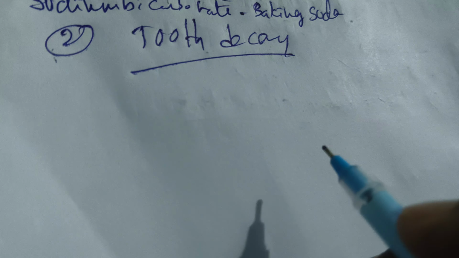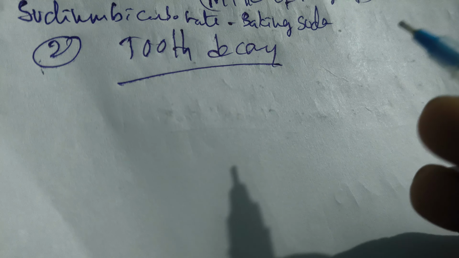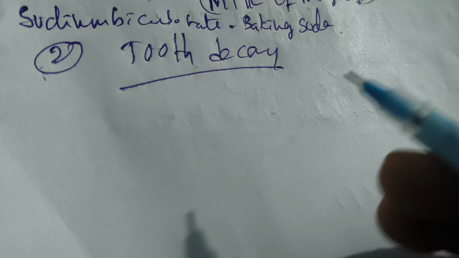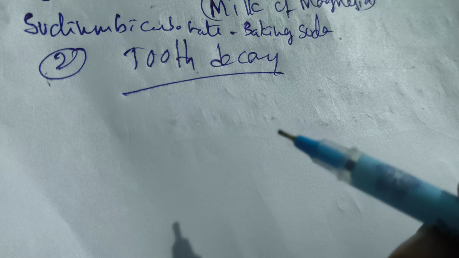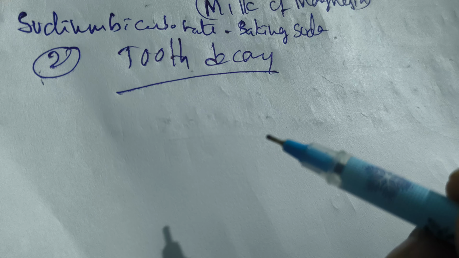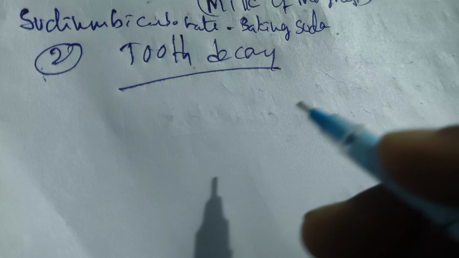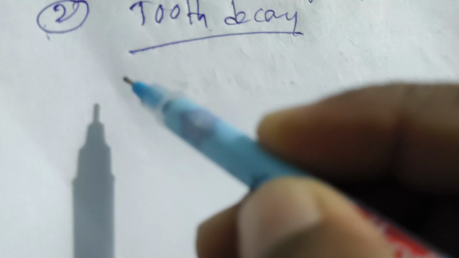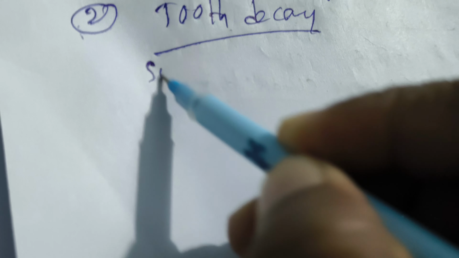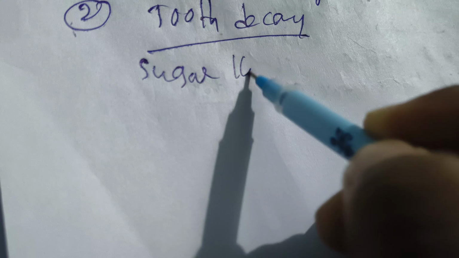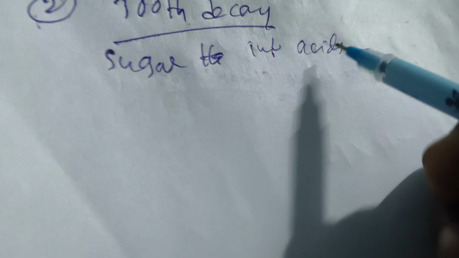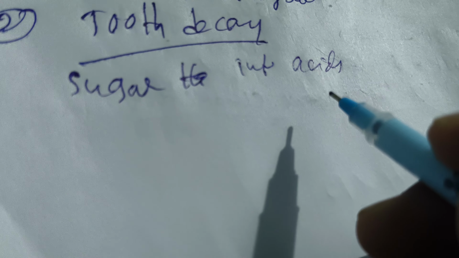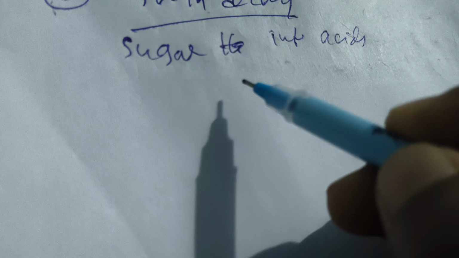Generally, whatever food you have taken, some proteins and glucose, so sugars are present in the food. Then the bacteria present in our mouth break down the sugar into acids.